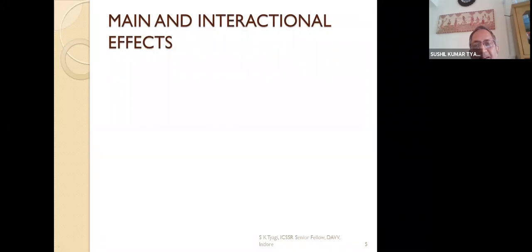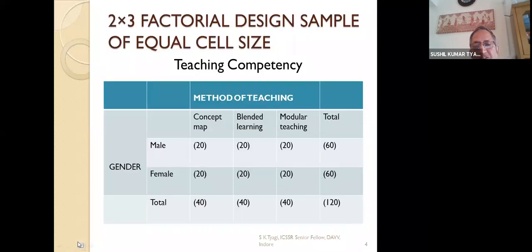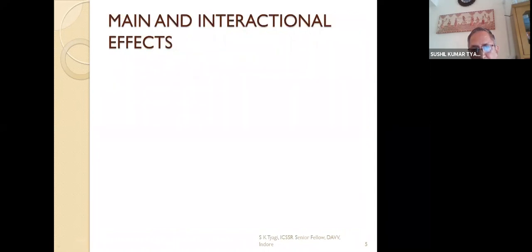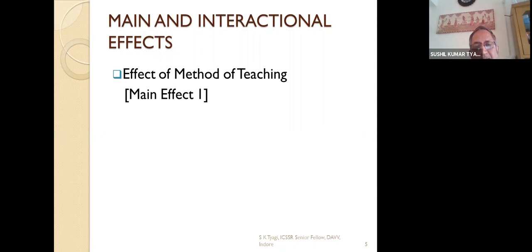Now, main and interactional effect. For example, in this particular situation, what are the main effects and what is the interactional effect? The effect of method of teaching is a main effect, since one independent variable is method of teaching. That is main effect 1.